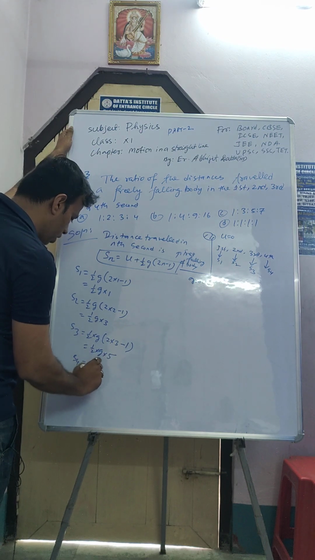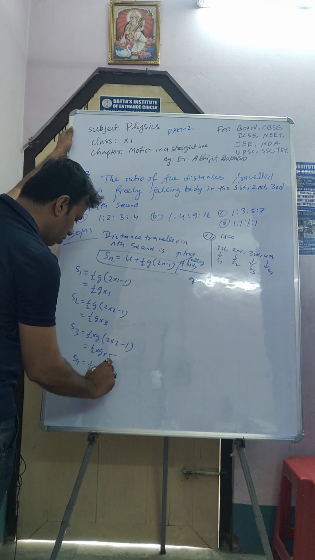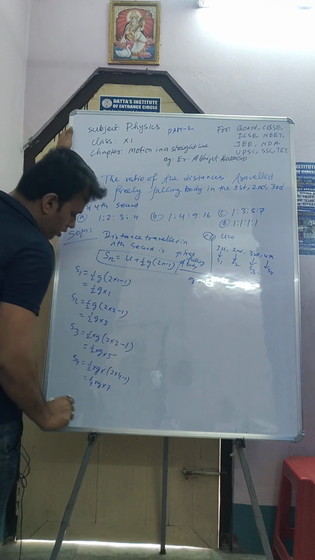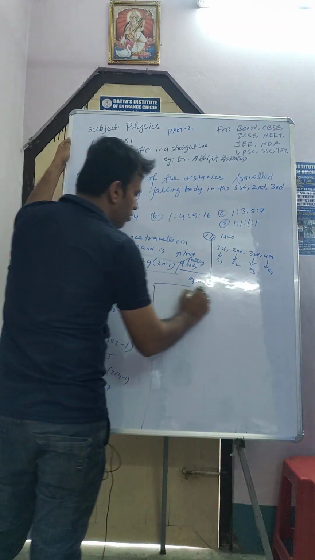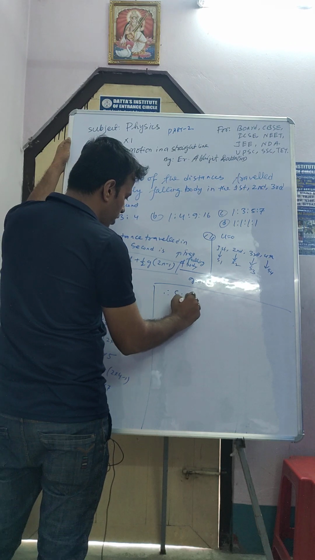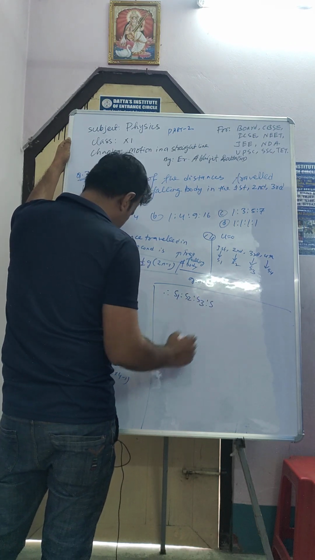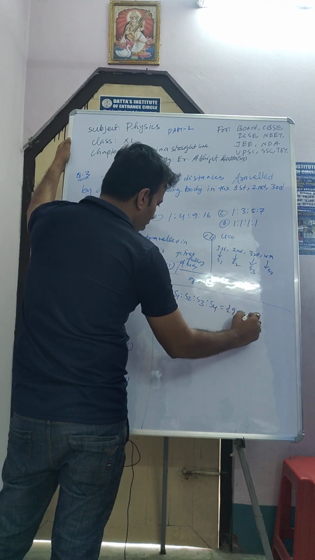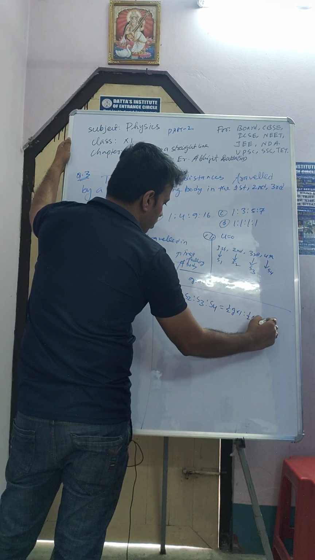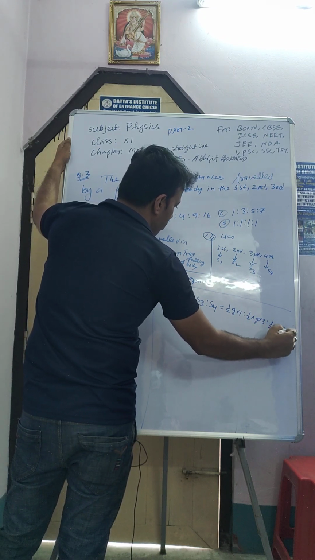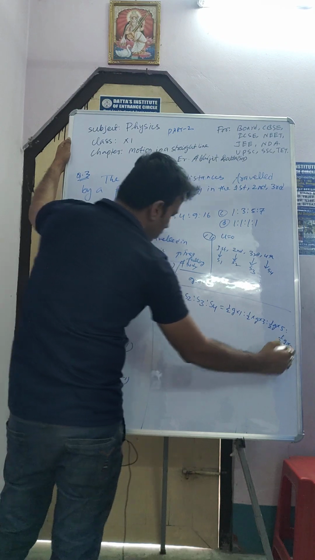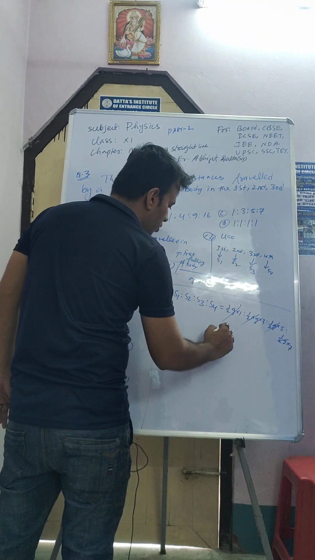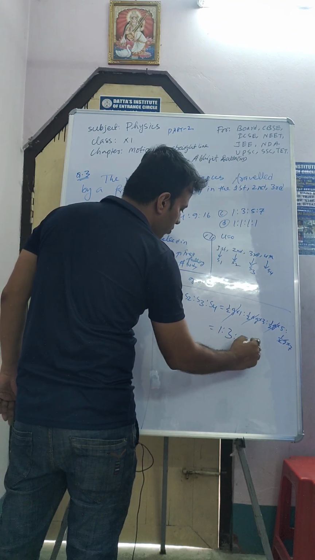S4 is half g into (2 into 4 minus 1), that is half into g into 7. Okay, so now we have to find the ratio. Therefore S1 is to S2 is to S3 is to S4 is half g into 1 is to half g into 3 is to half g into 5 is to half g into 7. Half g will be cancelled out in all cases, so what is left is 1 is to 3 is to 5 is to 7.